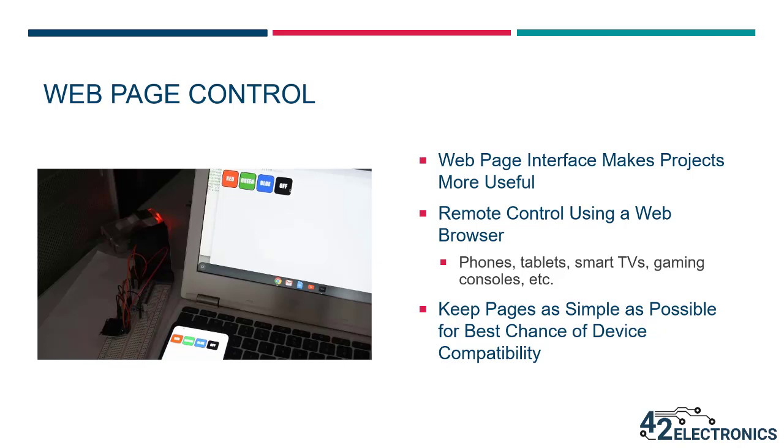The complexity of your web page might cause issues on certain devices, though. For example, a web page that can be properly displayed on a computer might not display or function well on a phone due to the software support in the browser of the phone. So keeping web page control simple is the best way to ensure the highest level of compatibility across all devices.